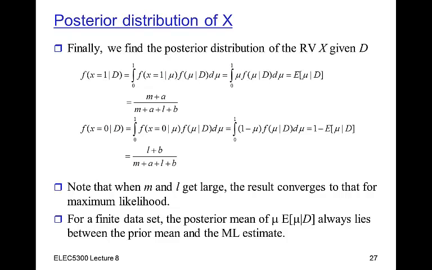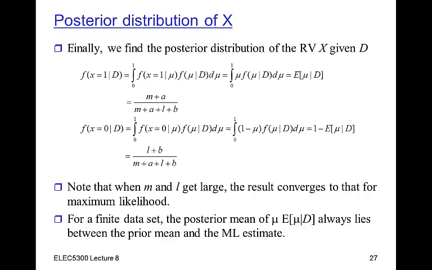Now remember that we don't necessarily want to have the probability distribution over mu. What we really want to do is predict what's going to happen to x. So we're only interested in mu insofar as what it tells us about the probability of heads or tails in x.